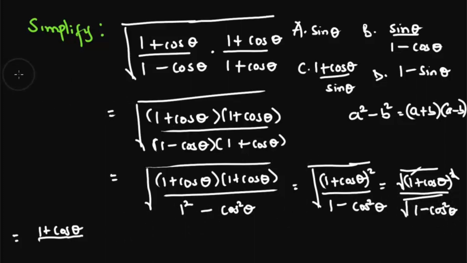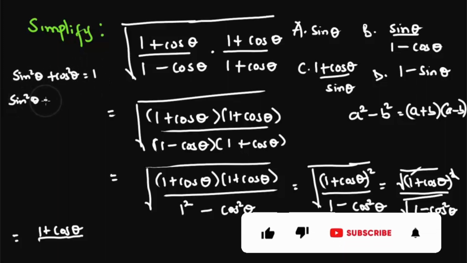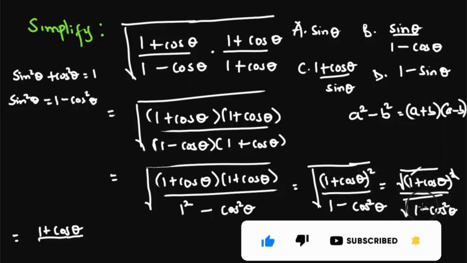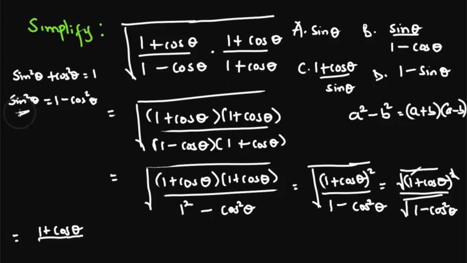Now is the time to remember that sin squared theta plus cos squared theta equals 1. If I make sin squared theta the subject, sin squared theta equals 1 minus cos squared theta. So I can replace 1 minus cos squared theta with sin squared theta, giving the square root of sin squared theta.